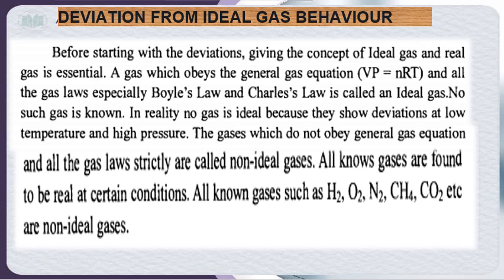The gases mentioned here, that is hydrogen, oxygen, nitrogen, methane and carbon dioxide, are gases at room temperature, but at different conditions of temperature they disobey the gas laws. So that's why at those temperatures they are considered as the real gases, right?